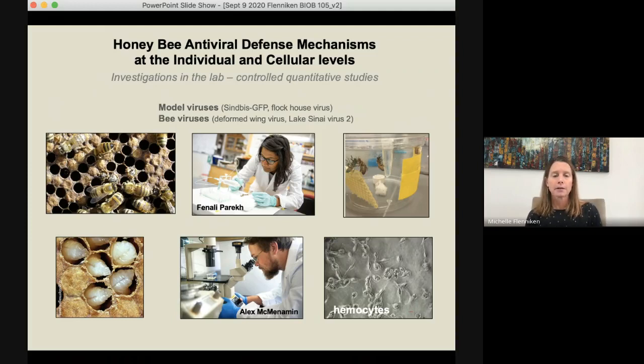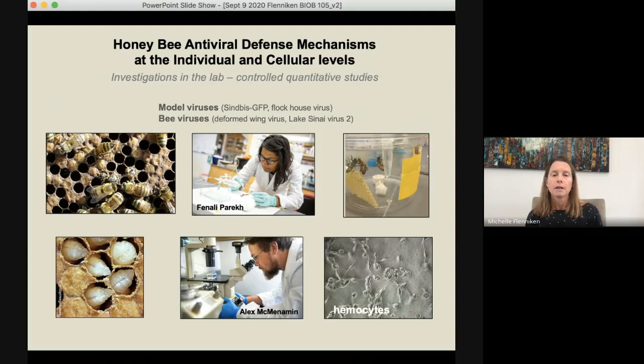And then on the lower panel, you see larvae. We harvest bee larvae and then obtain cells from them. These are what we call primary cells, meaning they won't divide forever in culture conditions. But you see on the lower right, hemocytes, which are the immune cells of honeybees, growing in vitro in a cell culture dish in the lab. And we use these systems to investigate molecular mechanisms of antiviral defense.